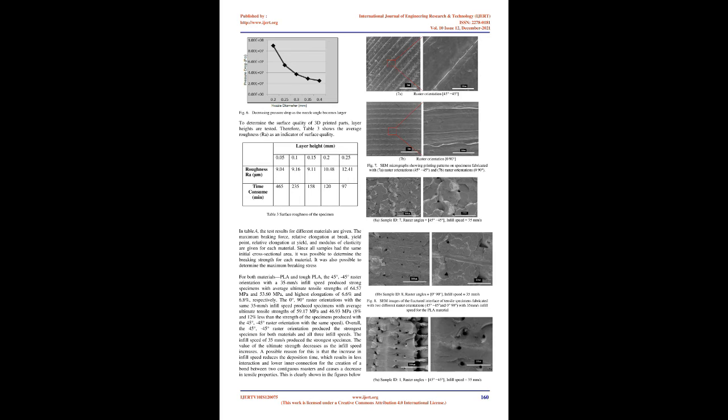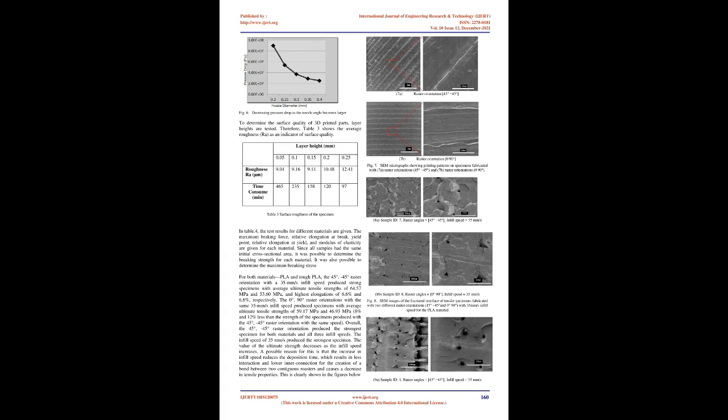For both materials, PLA and tough PLA, the 45 degrees, -45 degrees raster orientation with a 35 mm/s infill speed produced strong specimens with average ultimate tensile strengths of 64.57 MPa and 53.60 MPa, and highest elongations of 6.6% and 6.8%, respectively.